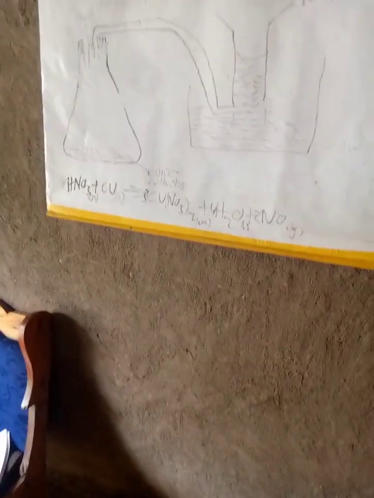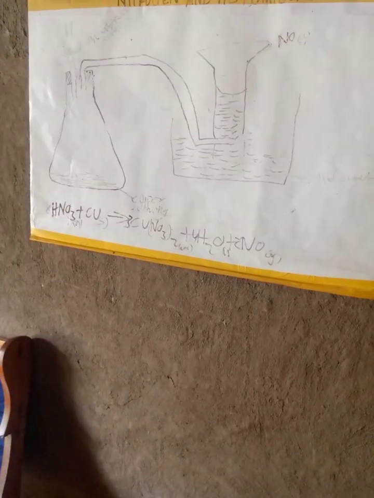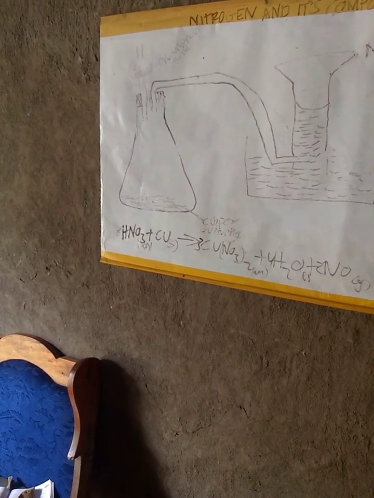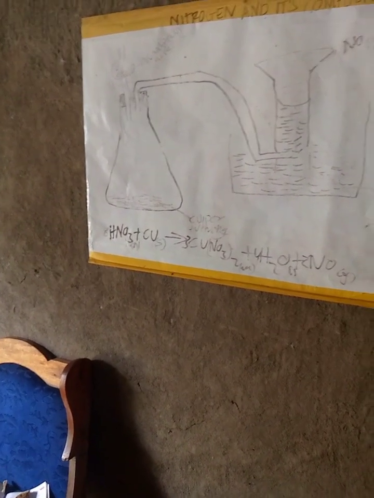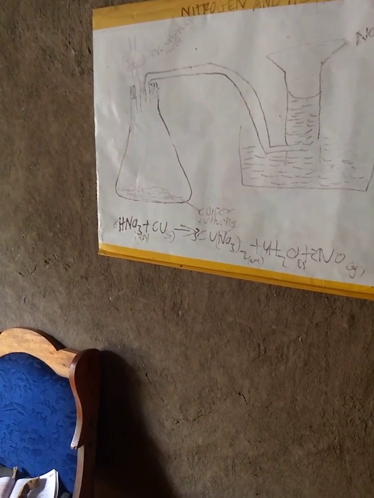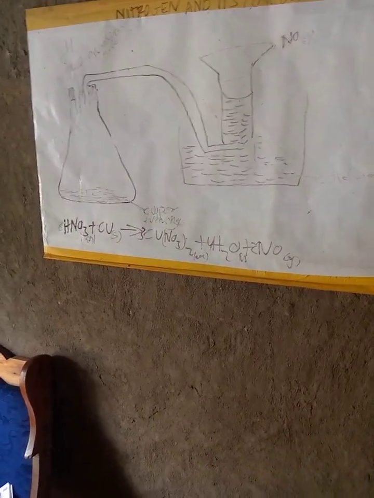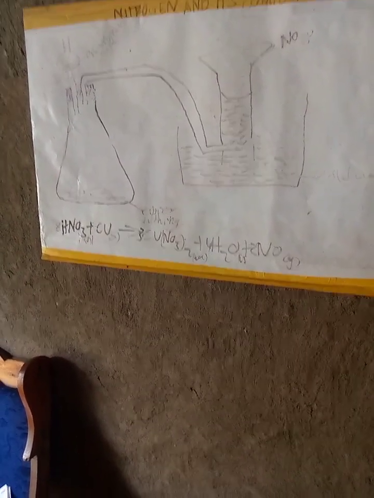When nitrogen 2 oxide comes in contact with iron 2 sulfate, it forms a complex compound called nitroso-iron 2 sulfate.